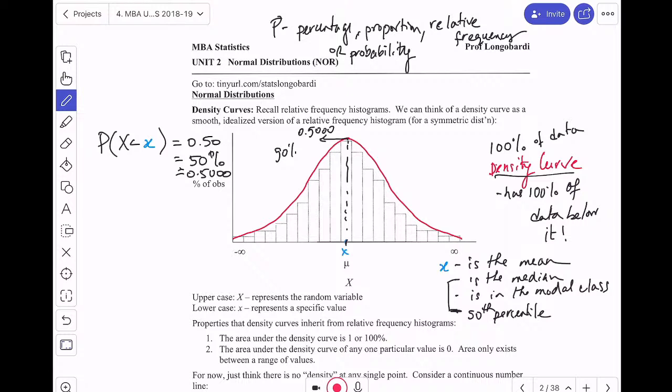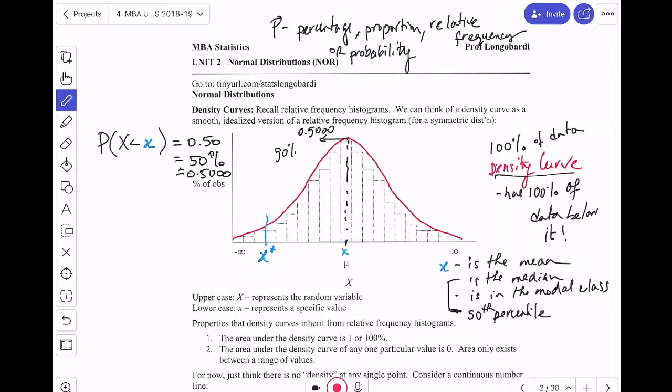So what I'm showing you is that the area to the left of a value, that value is a percentile. Okay, so we call blue x the 50th percentile. What about I'm going to use x star. So let's use x star, and I'm going to put it here.